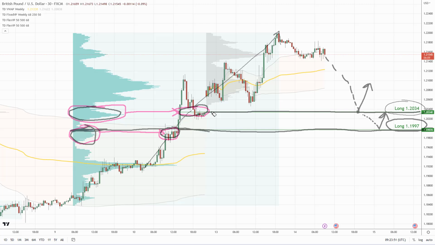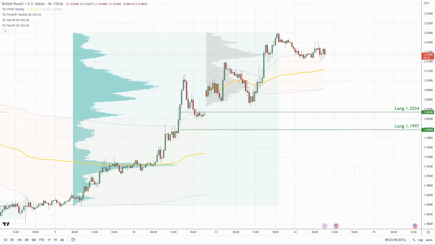This is where I like to trade from, the beginning of the heavy volume zone. So I expect buyers who are active here and here to become active again, defend those important zones, and push the price upwards from there again.